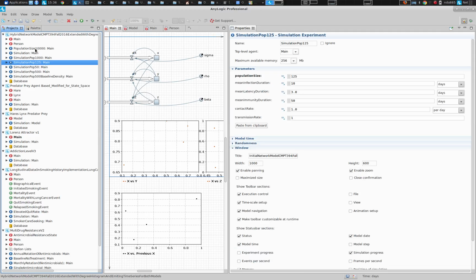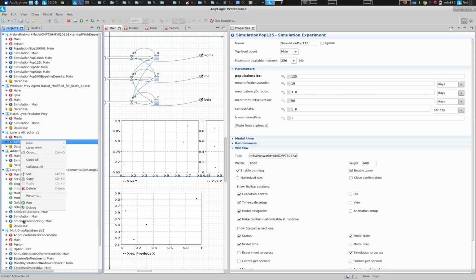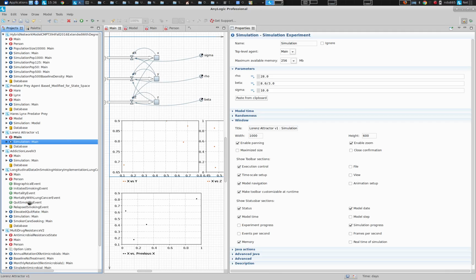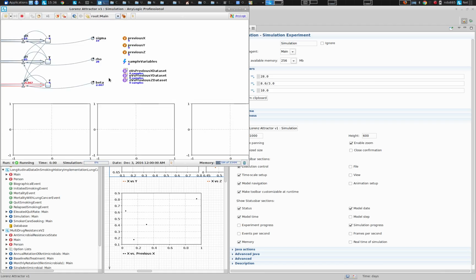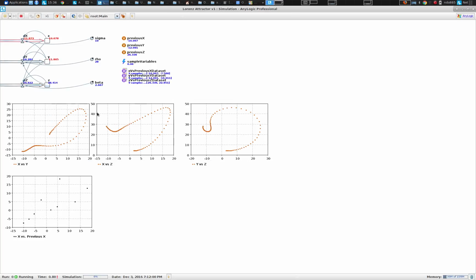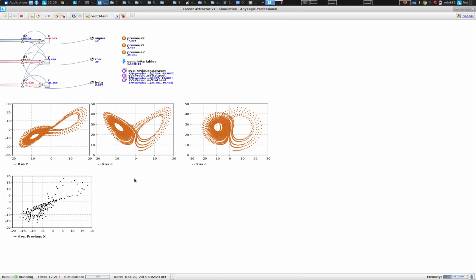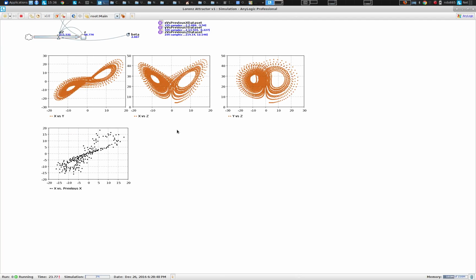Let's go look at this Lorenz Attractor model. The Lorenz Attractor is this chaotic system, and here we have x versus y. We have a shape that is 2-lobed, the wings of the butterfly.